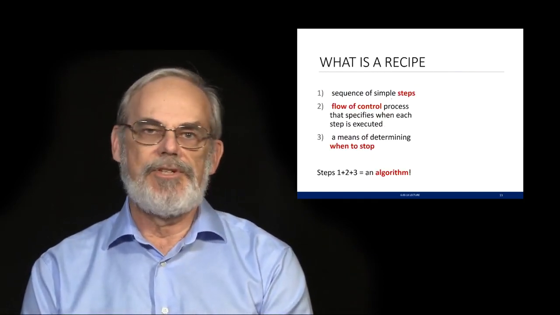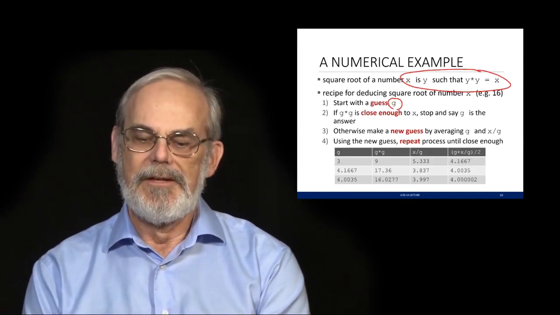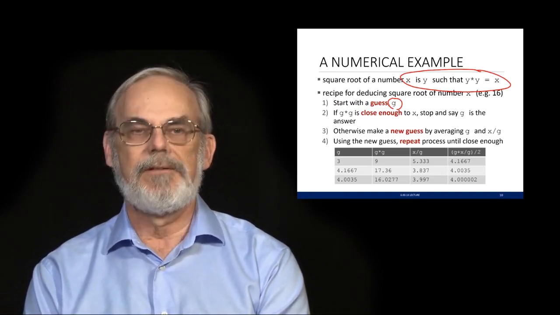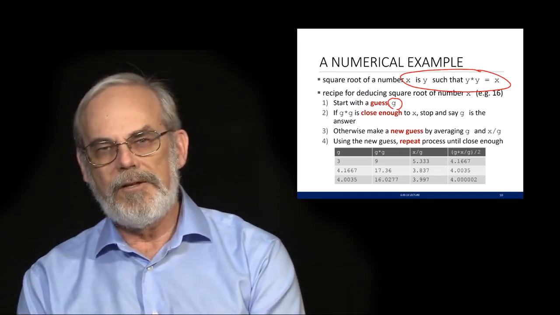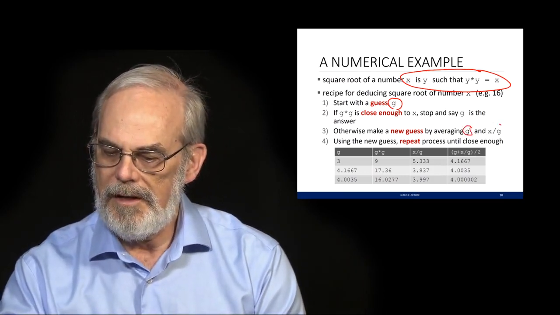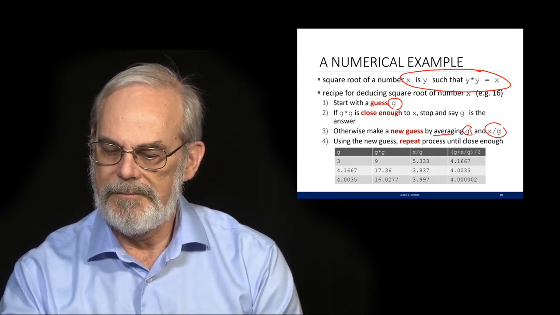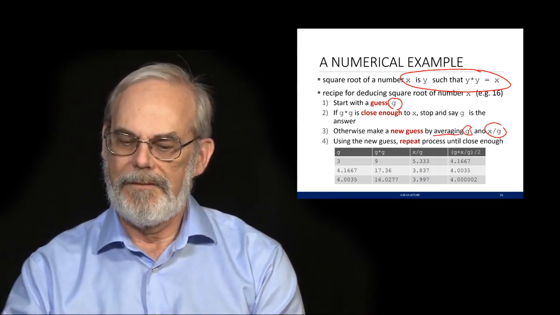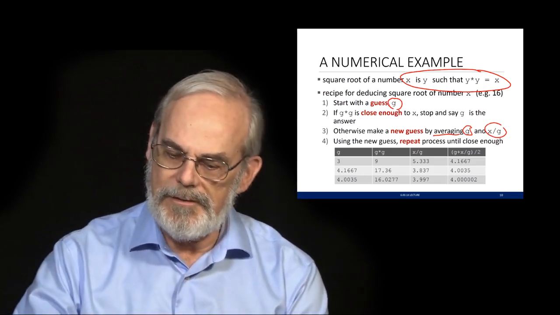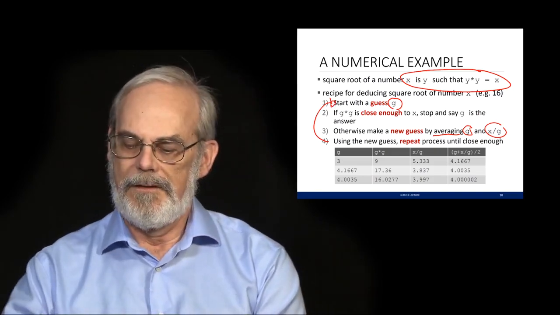If g squared is close enough to x, then I'm going to stop and say g is the answer. Otherwise, I'm going to create a new guess by taking g and x divided by g and averaging them together. Take the average. Once I've done that, I'm going to repeat. I'm going to go back up and do the same thing again.